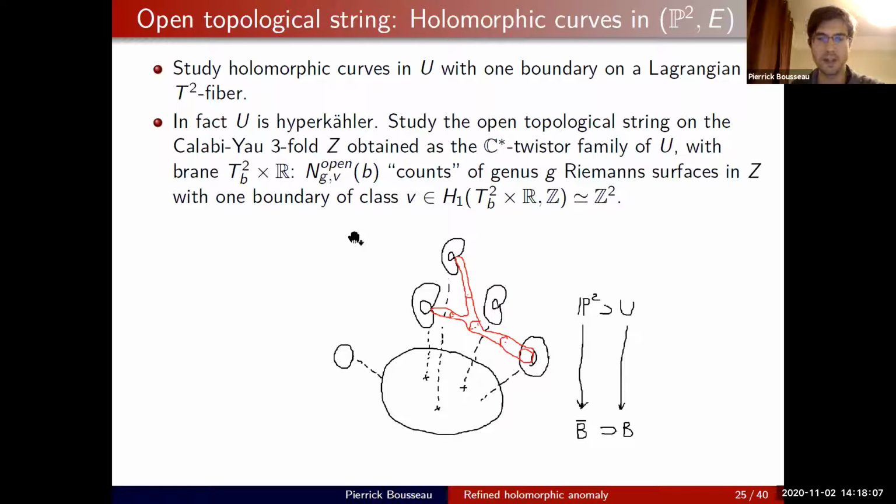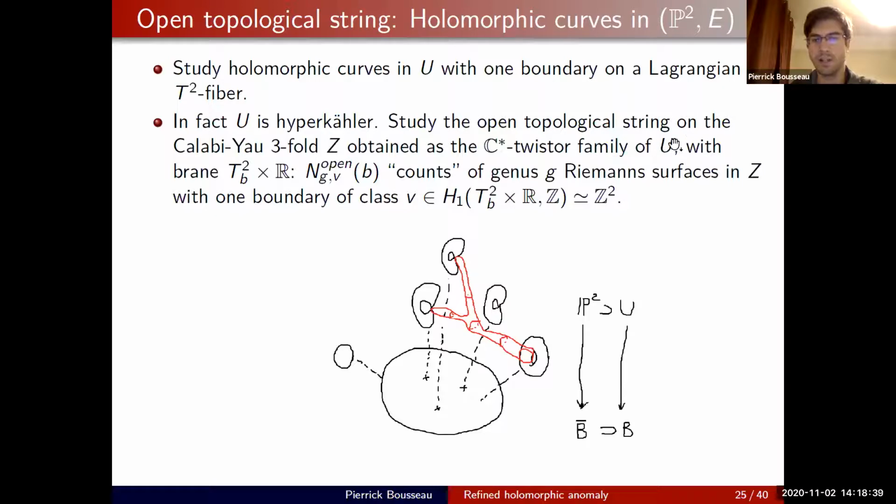It's a non-compact Calabi-Yau surface of complex dimension 2, holomorphic symplectic. But for ordinary topological string, you want a Calabi-Yau threefold. So you cook up a 3-dimensional geometry by adding a third direction, C star. You consider U cross C star, but you twist the complex structure along the C star direction according to the hyperkähler structure.